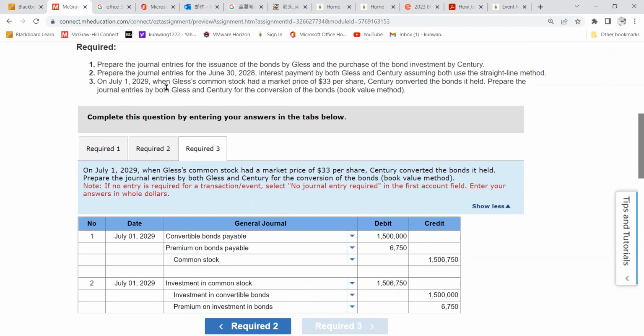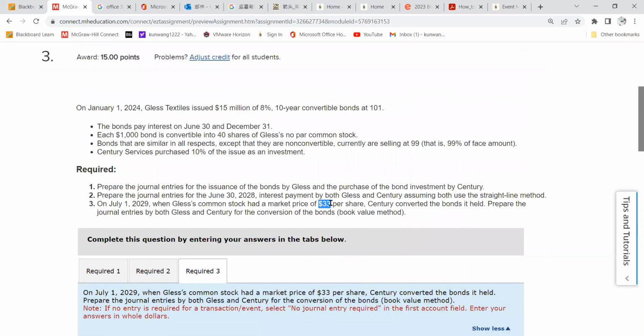Be careful, even though we didn't really use this information, like the market price of the common stock or these converting features, unless you want to find the par value for each share after conversion. Maybe in a multiple choice they ask how many equivalent shares we convert.